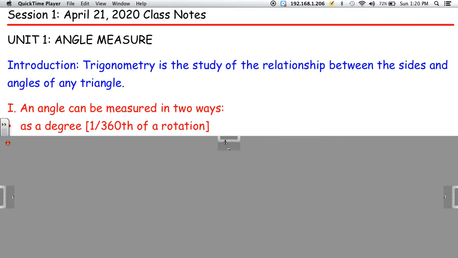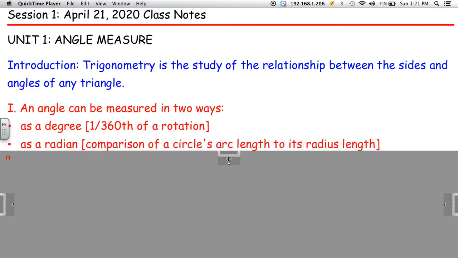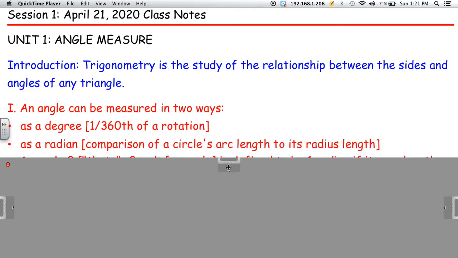The second one's going to be a little bit weird because it's not one that we usually do in middle school or high school when you took it way back when. The second method is to measure angles as a radian, and unlike a degree, where it's a rotation, a radian is just a comparison of a circle's arc length to its radius length.